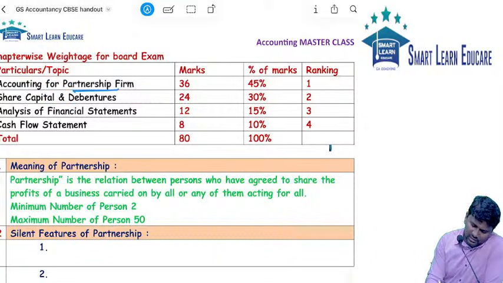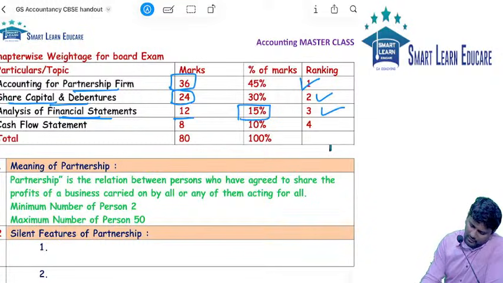From partnership they will be asking for 36 marks, so the first ranking is given to partnership. Second is company accounts, share capital and debentures, for 24 marks. Analysis of financial statements is 12 marks, 15% weightage, so third ranking.